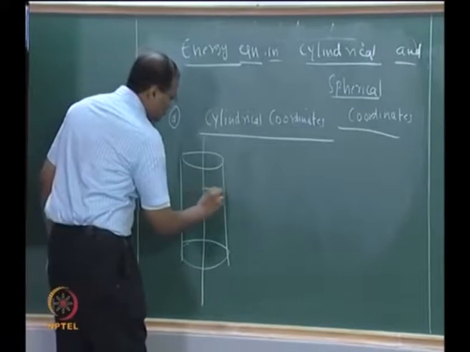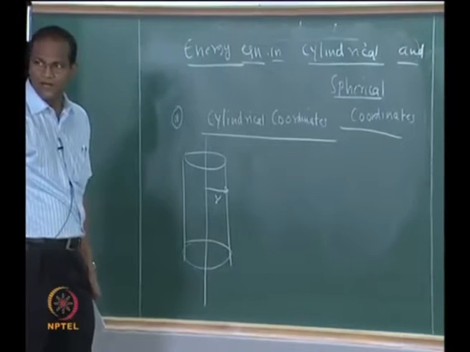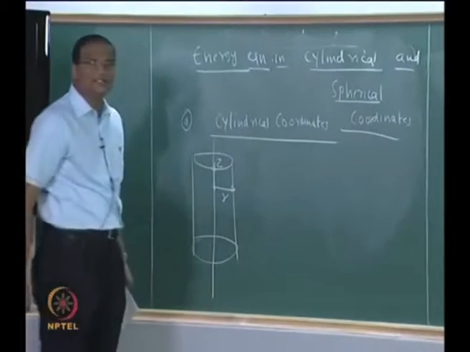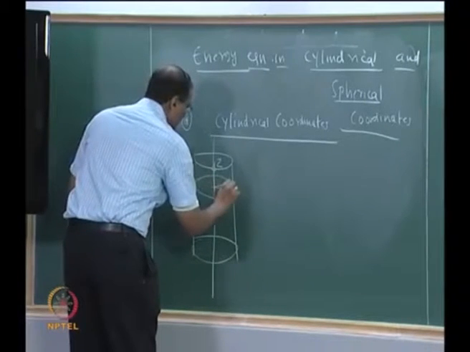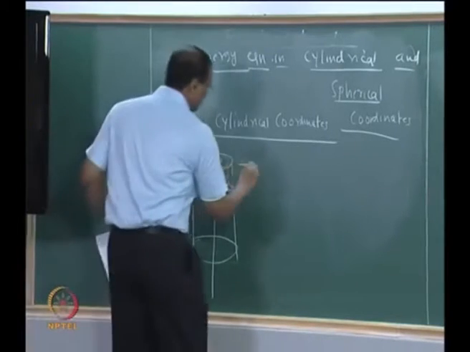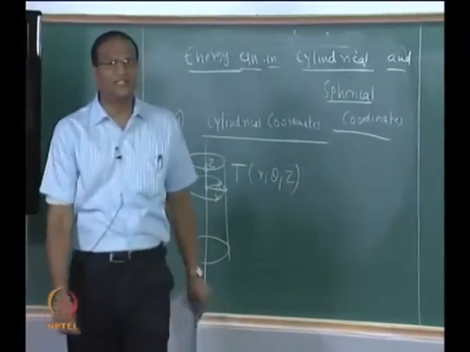So the temperature could be a function of the radius r. The temperature can change along the axial distance z, then there is this coordinate, this angle, which we call theta. So T of r, it is called an r theta z coordinate.